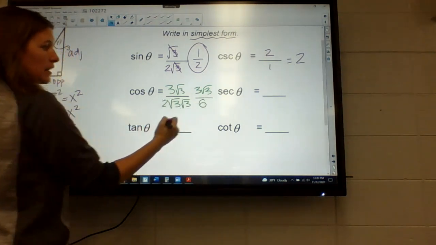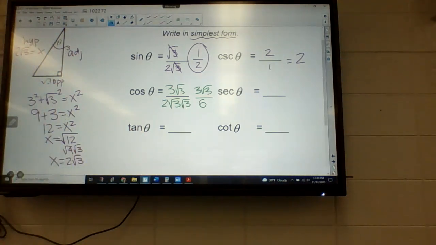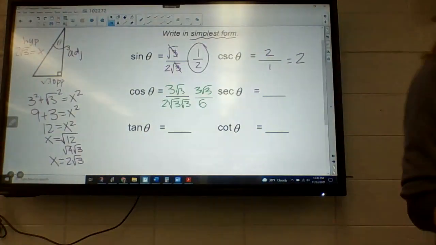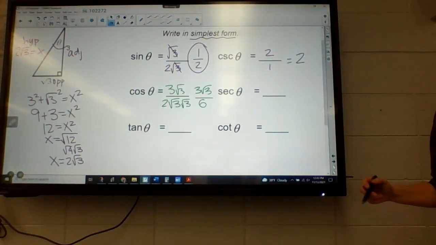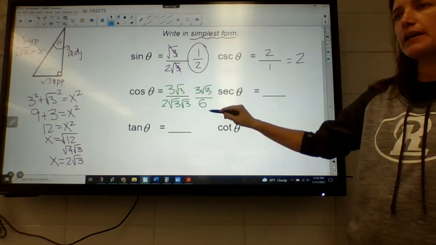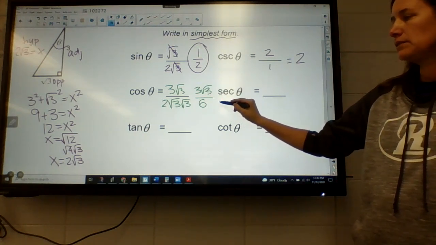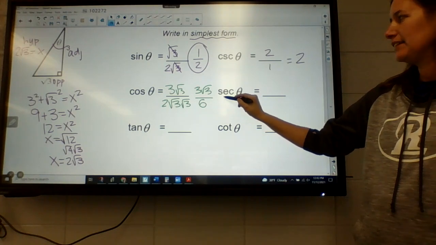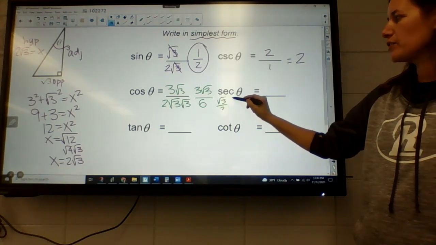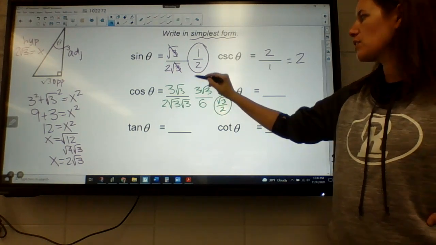But is that simplified? No. The 3 over 6 can still be simplified. Divide them both by 3. So that would be 1 square root of 3 over 2, this would be our cosine here.